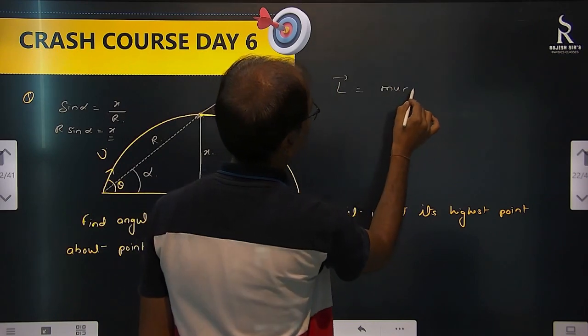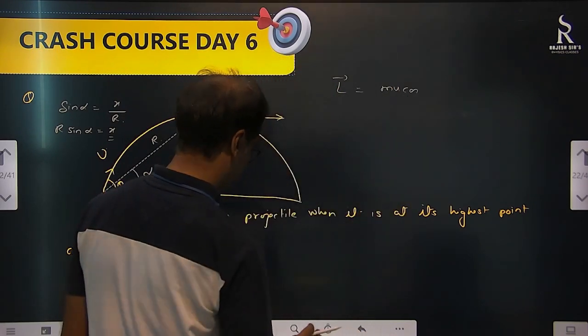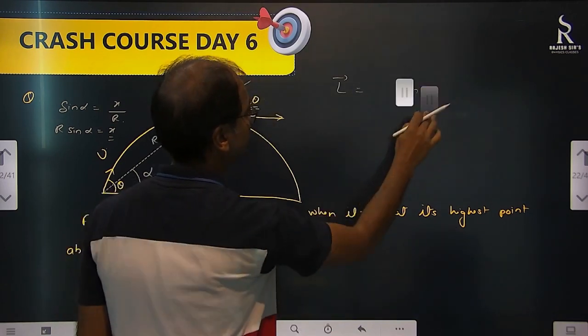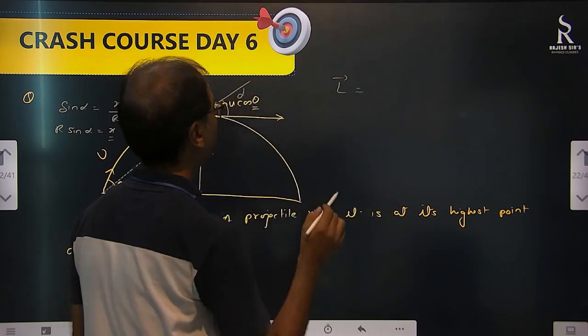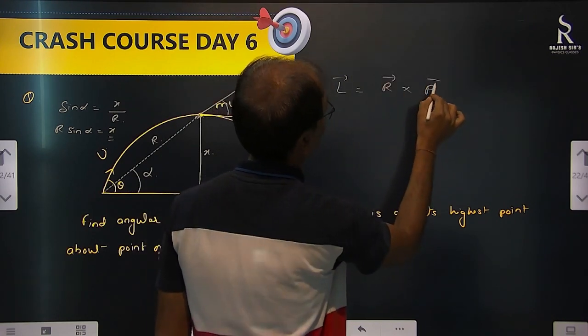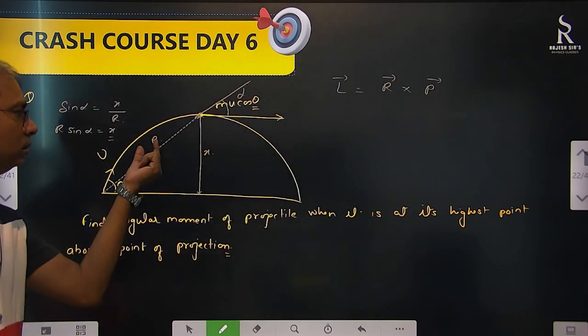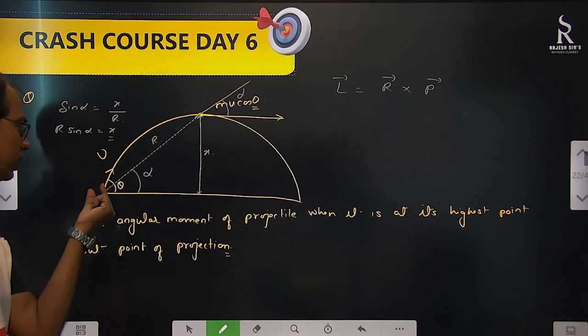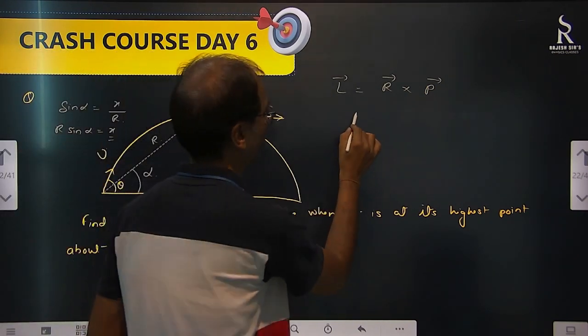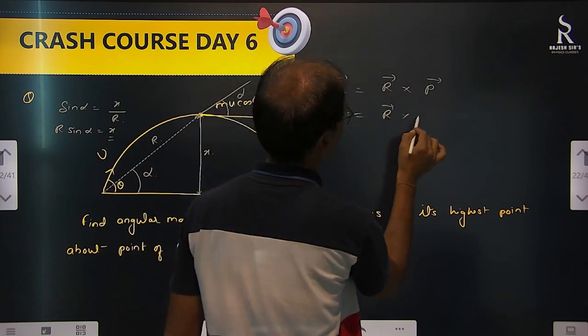So angular momentum we will write as r cross p. What is r? This r. Because from here you are finding, this is r cross p. What is p? mu cos theta. So r cross mu cos theta.